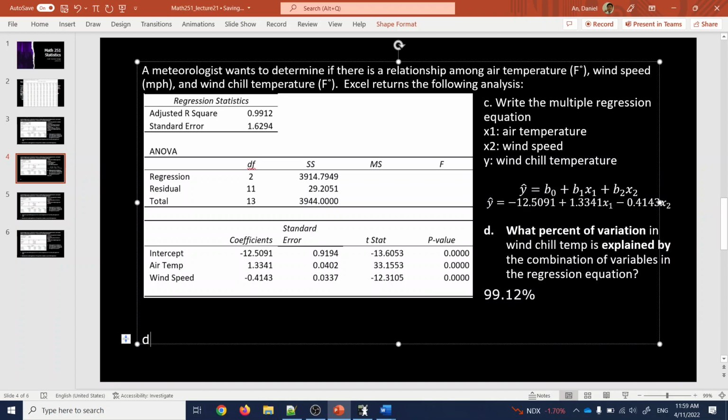So adjusted R squared is given by the following. It's 1 minus the degrees of freedom of the residual divided by degrees of freedom of total times 1 minus r squared, or lowercase r squared.